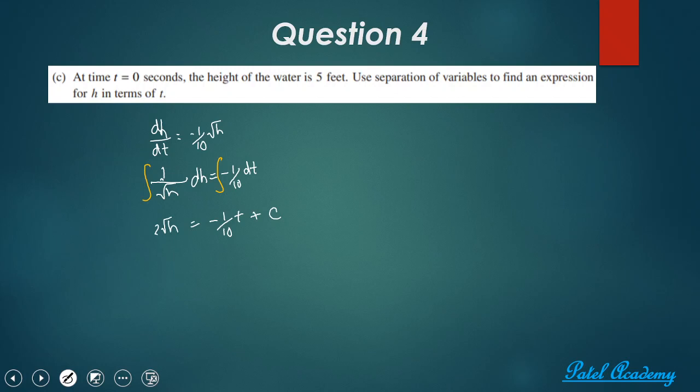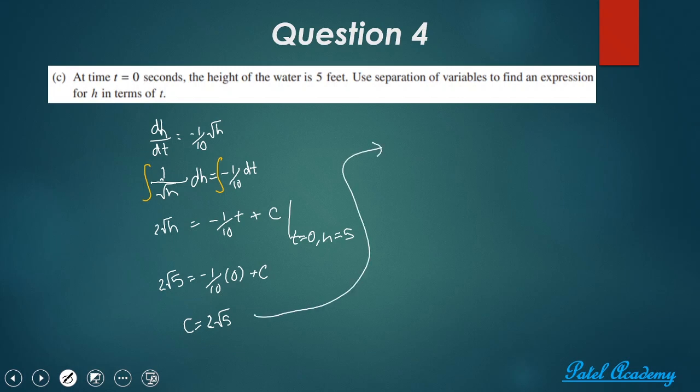Now what else do we know? Well, if we evaluate this at time t = 0, where h is equal to 5, then I get 2√5 = -1/10 times 0 plus c. So my c is equal to 2√5.